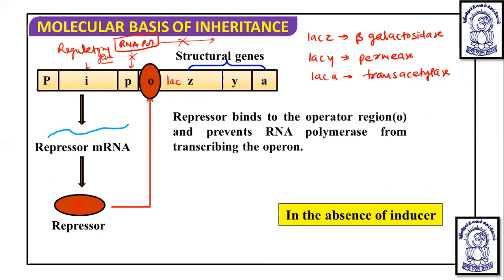Here the repressor binds with the operator region and prevents RNA polymerase from transcribing the structural genes. In the absence of inducer, the structural genes are not transcribed. So this condition is known as the switch-off condition for the operon.